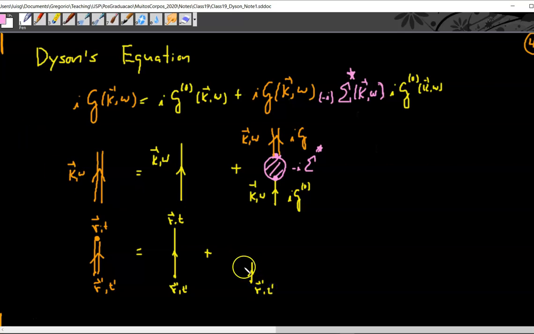Then the self-energy here would have a coordinate r1 t1, and then I would have the position here from, say, r2 t2 down to r at time t. That would be in real space.